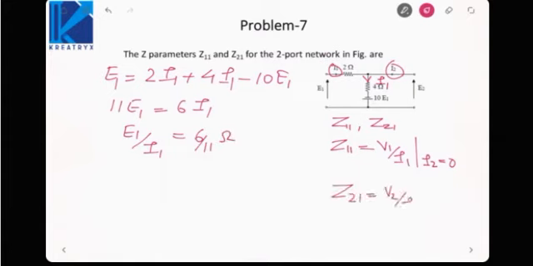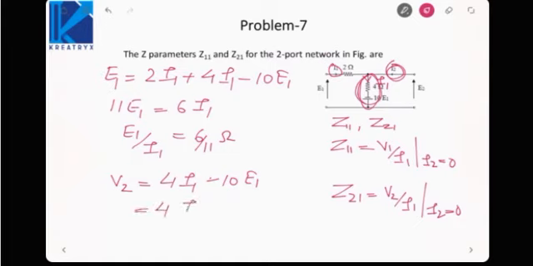For Z21, what will we do? V2 by I1 when I2 equals 0. Now V2 is the voltage across this combination. So V2 is actually equal to 4I1 minus 10 E1. Remember this thing, here also I2 is 0. So I can consider the I1 current going into this combination. 4 into I1.